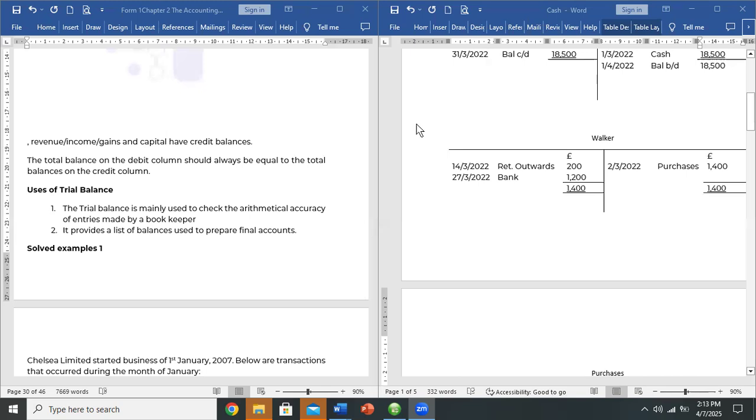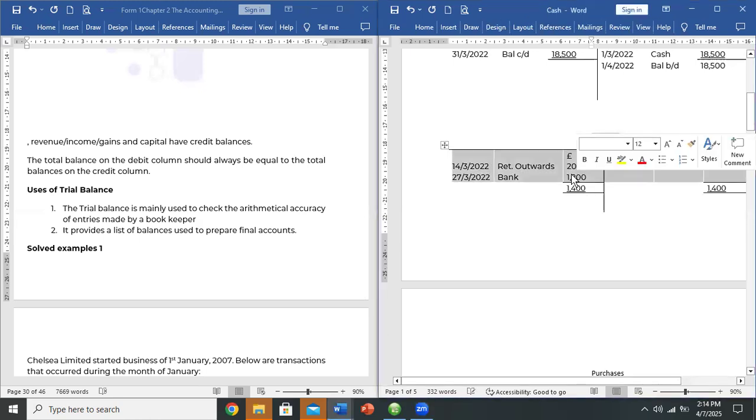Okay, Professor. So yes, Josephine. So at least, are you saying if maybe the debit side is 1,400 and the credit side is 1,400, you're not going to do anything to it? So see, we did an example in Walker's account, right? The debit was 1,400 and the credit was 1,400.